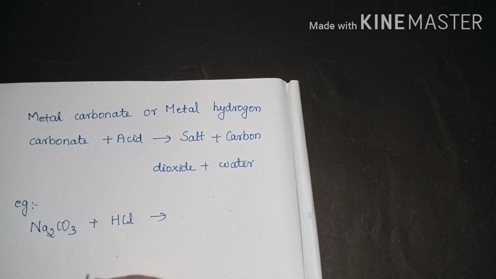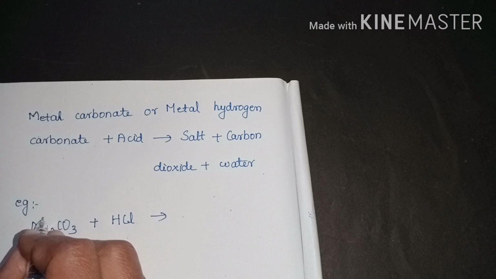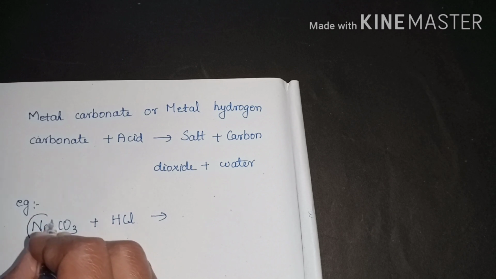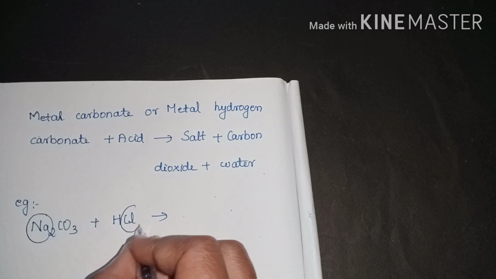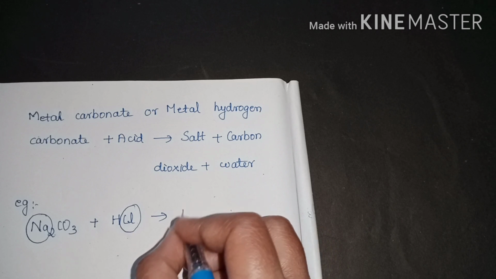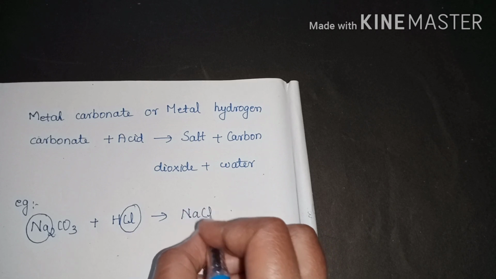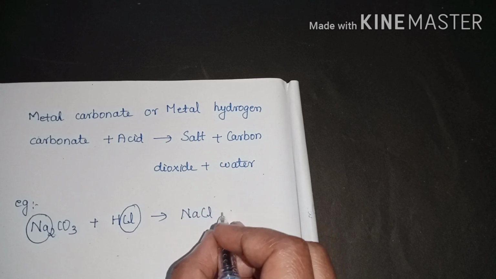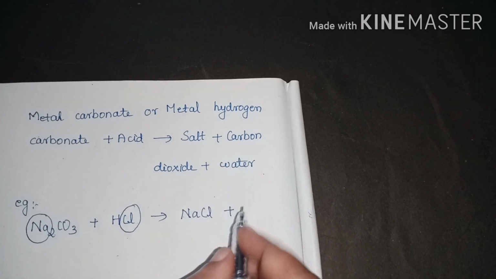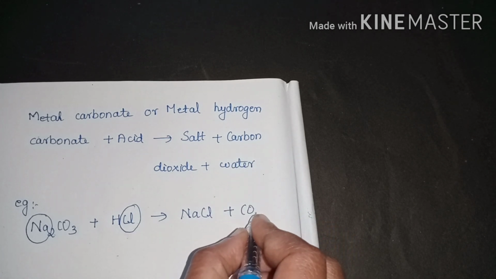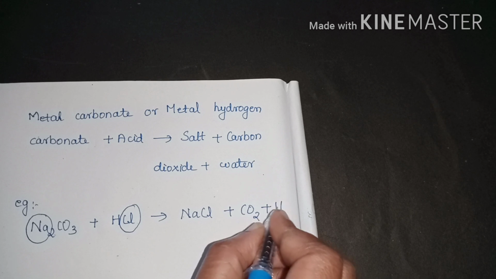How can we write the formula of salt? The cation of the carbonate combined with the anion of the acid. So the salt is NaCl, that is sodium chloride, plus other products are carbon dioxide and water.